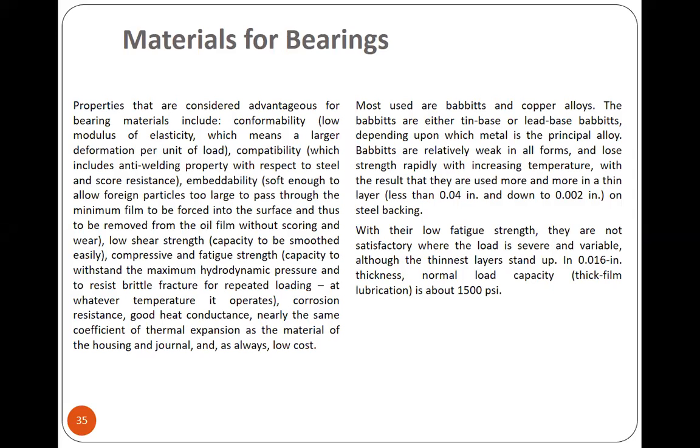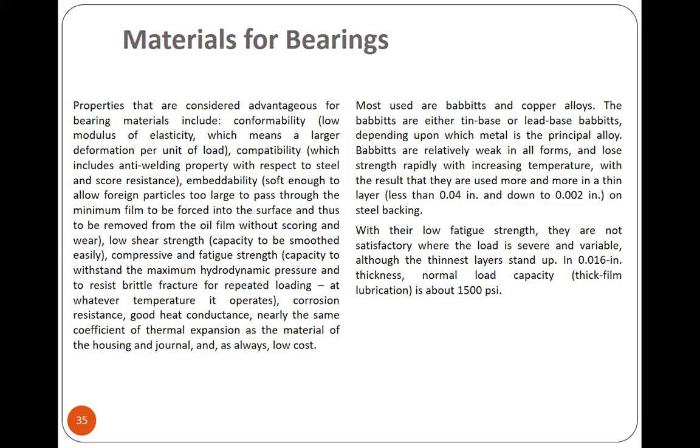Now, materials for bearing, ano yung mga materials? So, properties that are considered advantageous for bearing materials include conformability, which is low modulus of elasticity, which means a larger deformation per unit load. Compatibility, which includes anti-welding property with respect to steel and scoring resistance.